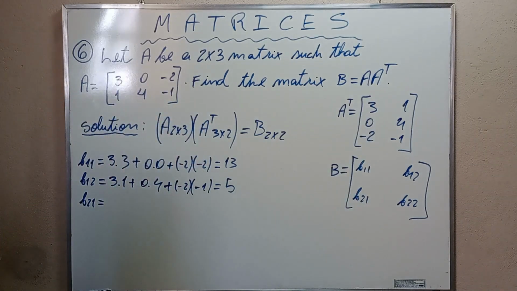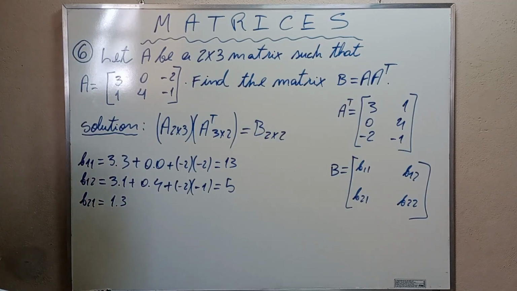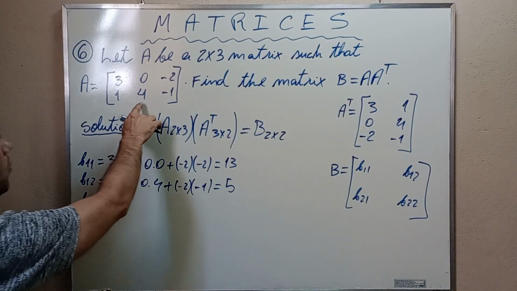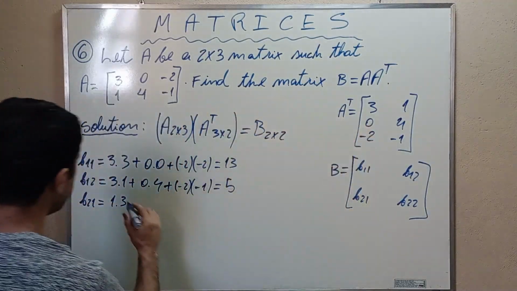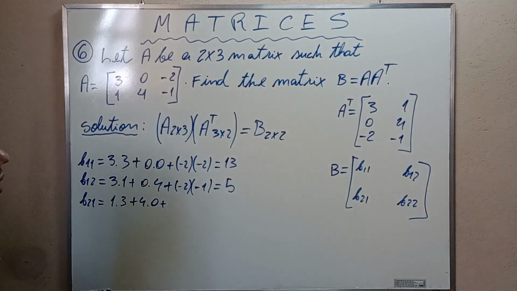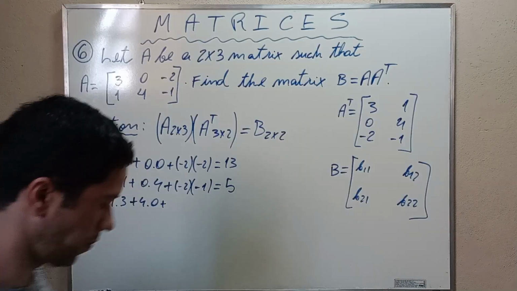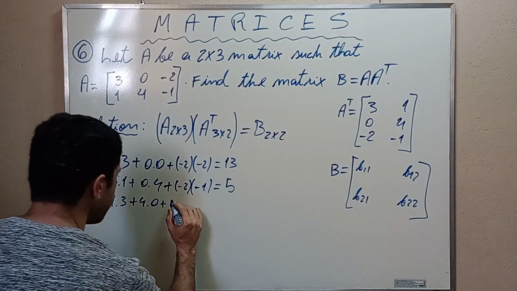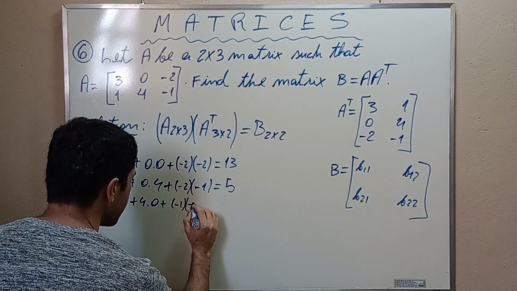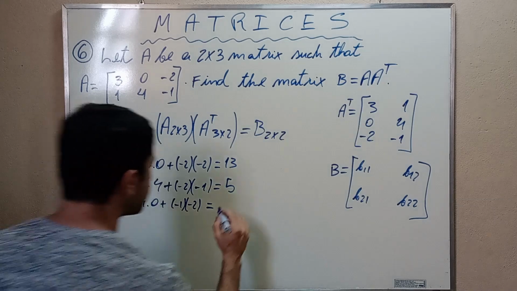It is then 1 times 3 plus 4 times 0 plus negative 1 times negative 2. And this is equal to 5 as well.